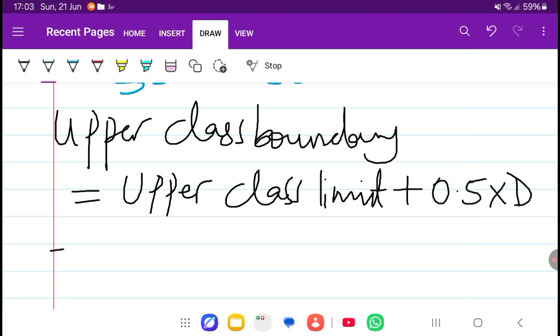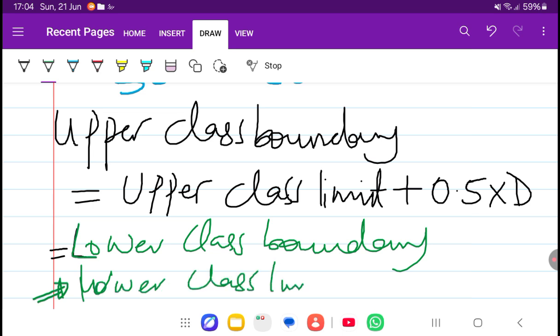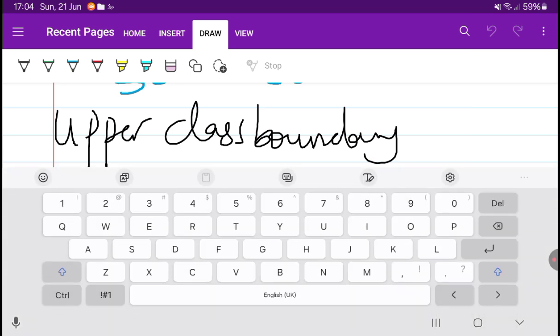Then when we are looking at the lower class boundary, we get the lower class limit plus 0.5 times d, and our d is the size of the gap that exists between successive classes.